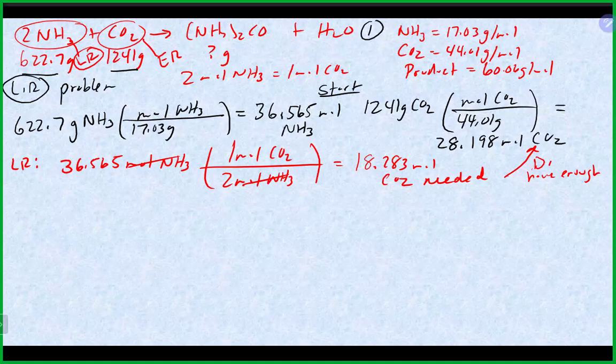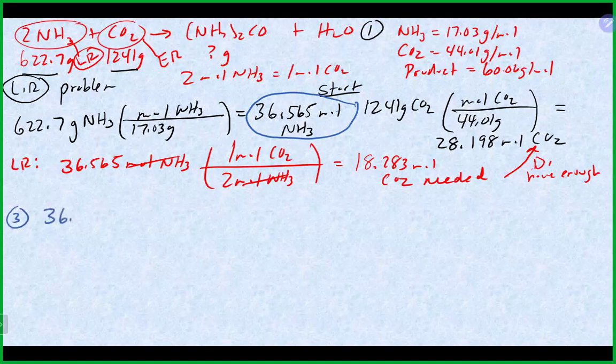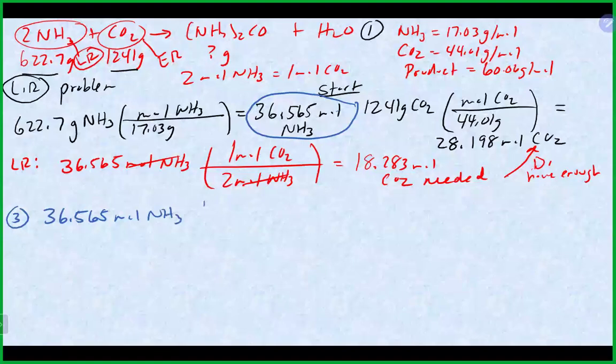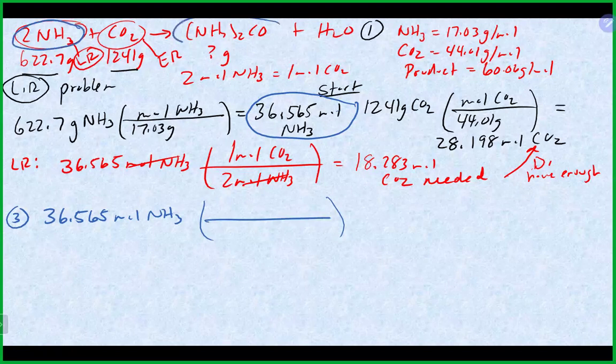All right, now that we determined that, we're just going to pick up with our normal third and fourth step. We do want to make sure that we go back and use the starting amount of our limiting reagent. So going to our third step now, we're going to take 36.565 moles of NH3. We now could do the NH3 to our product, which is 2 moles of NH3 gives us 1 mole of our product, NH2CONH2.